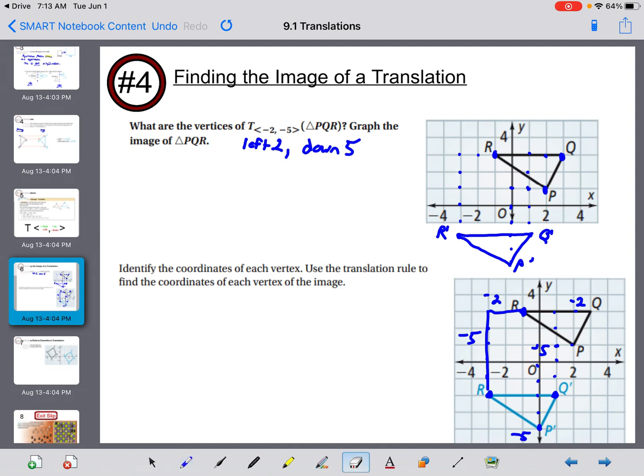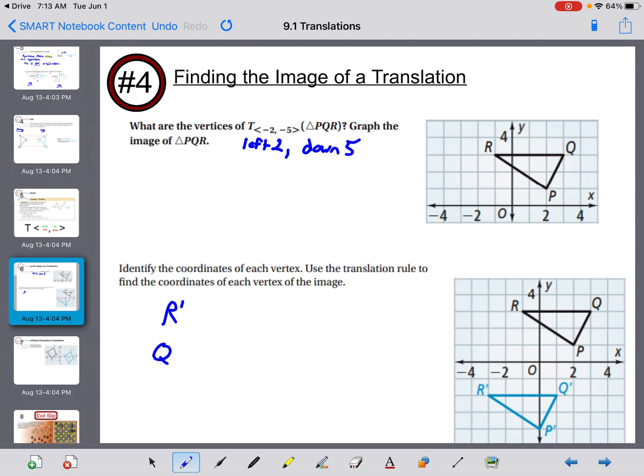Okay. So what is the location of each of these new points is the question here. So we have R prime, Q prime, and P prime. Now R prime from the center is at 1, 2, 3. So negative 3, negative 2.